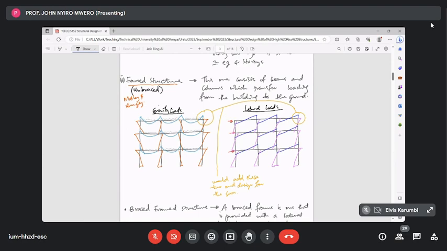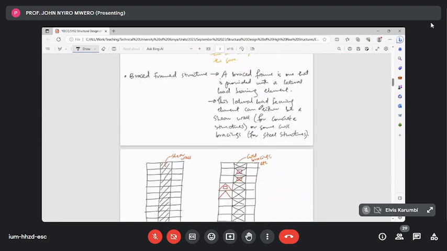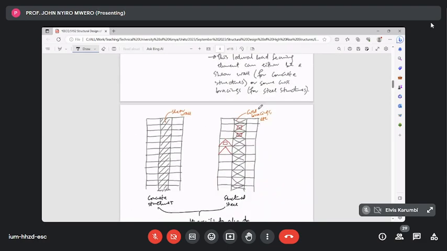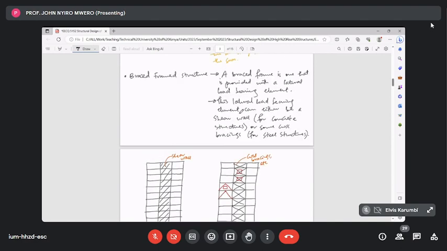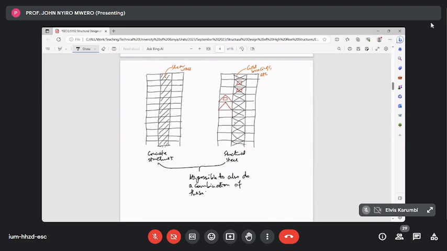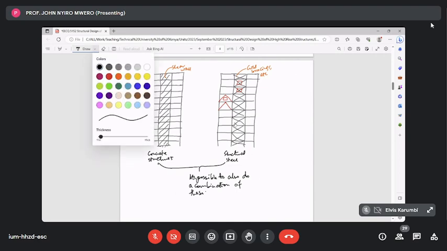When we have a frame structure which has got some designated lateral load bearing elements like shear walls or bracings, then we say it's a braced frame structure. A good example of these shear walls that you can see easily is on the bell bottom.